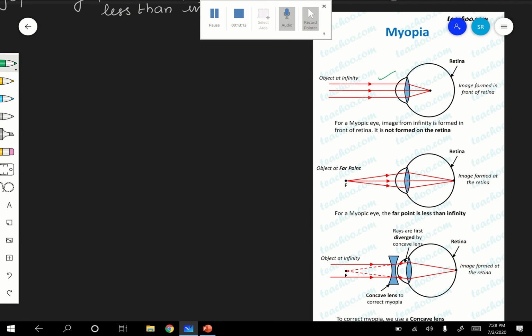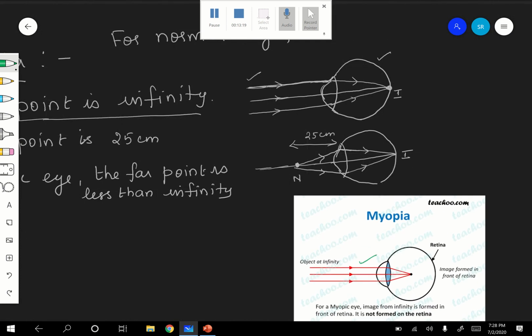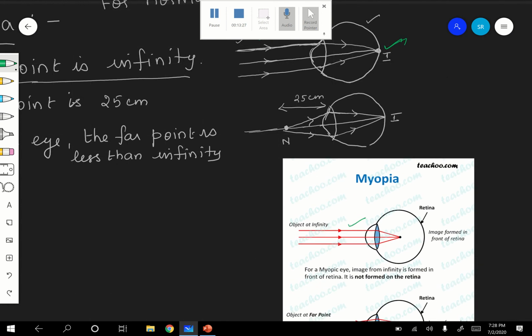For a normal eye, as we have just seen, when the object is at infinity, it forms the image exactly on the retina. But here you see a myopic eye. The object is at infinity, but the image is not formed on the retina, it is formed in front of the retina.